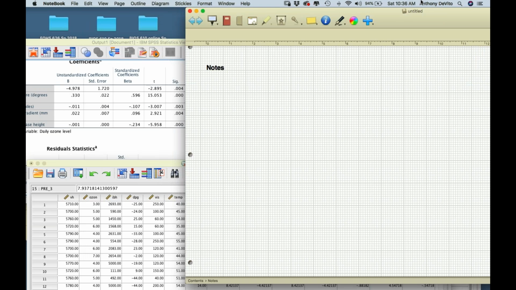Okay, so now our formula, our dependent variable y is equal to b, our y-intercept, plus slope 1 times x1, our first variable, plus slope 2 times x2, and so on and so forth.